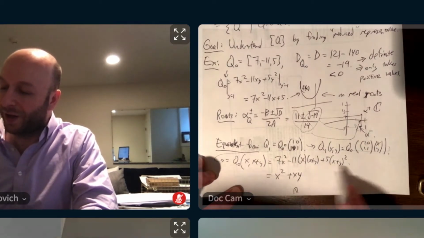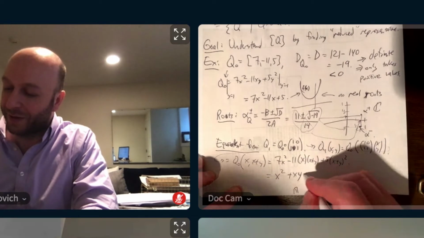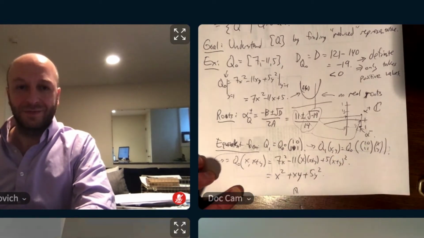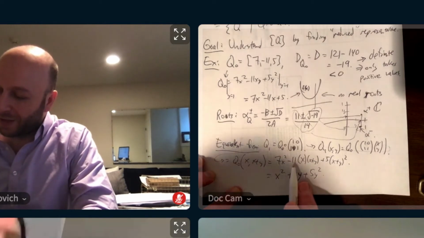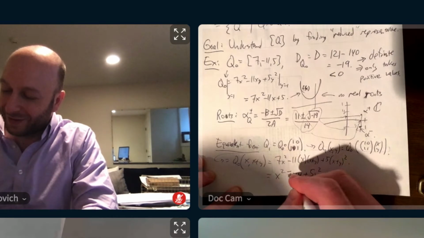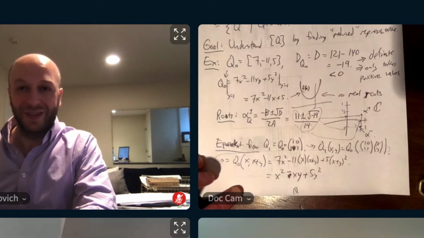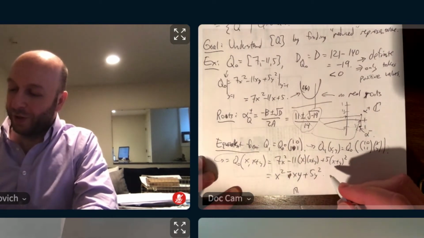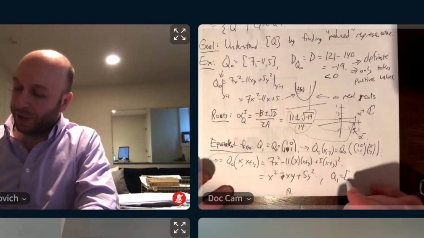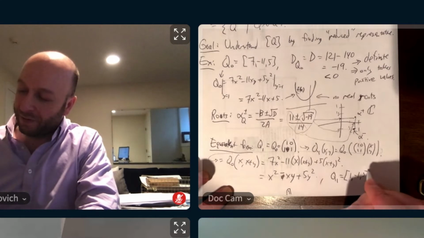There's no y squared here. The only y squared is there, so plus 5y squared. Negative xy? Let's see. Yes, negative 11 plus 10 is negative. Thank you very much, Dipendra. Okay, so that's the form. Q1 is the equivalent form 1, negative 1, 5.